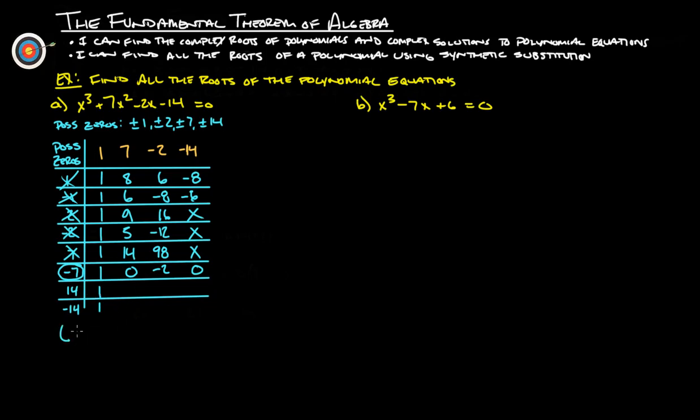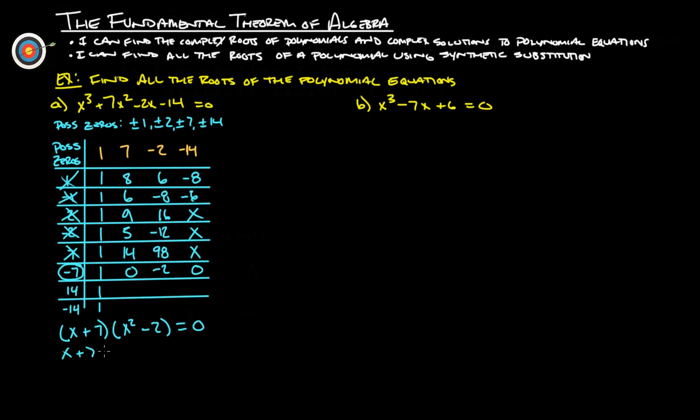So we're going to have negative 7 for x plus 7 gives us 0. And then the leftover piece here is going to be 1 x squared plus 0x minus 2, and both of these have to equal 0. This does not factor out, so we can just go ahead and solve that, right?